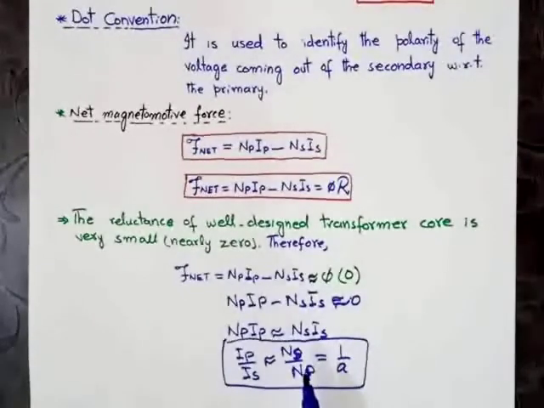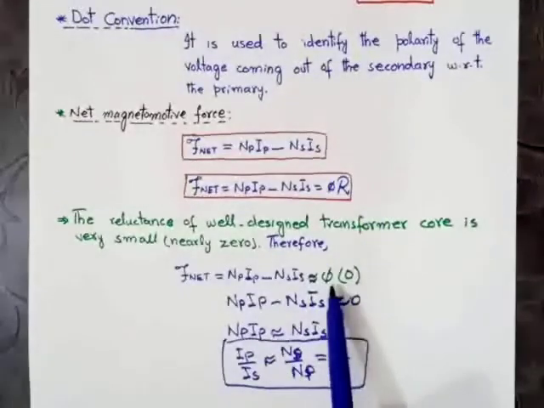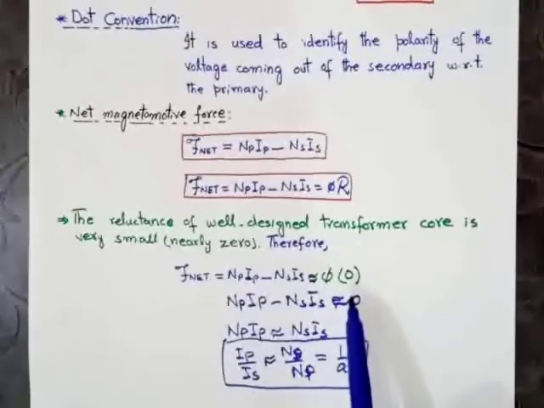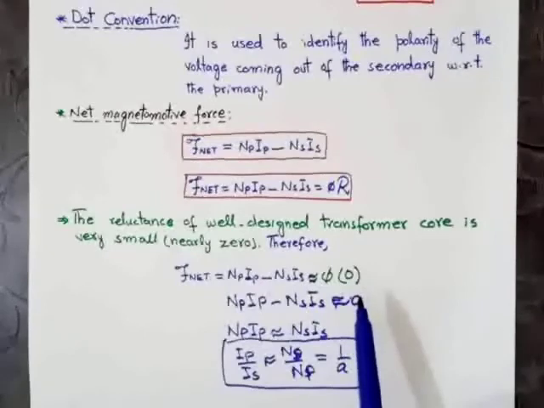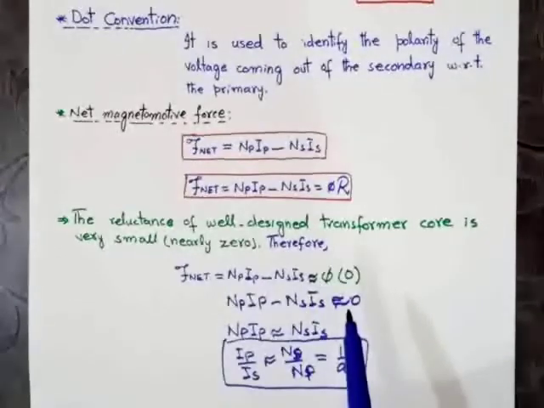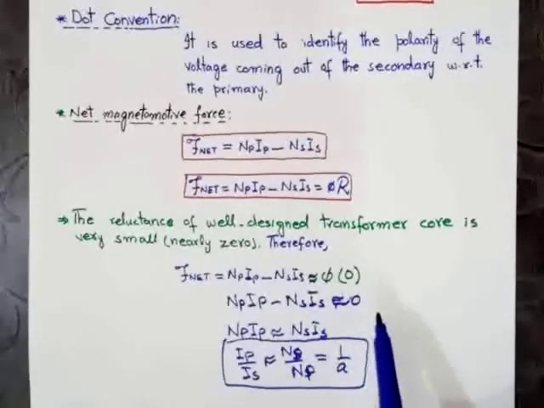In order for the magnetomotive force to be nearly zero, current must flow into one dotted end and out of the other dotted end. This is a very important condition.